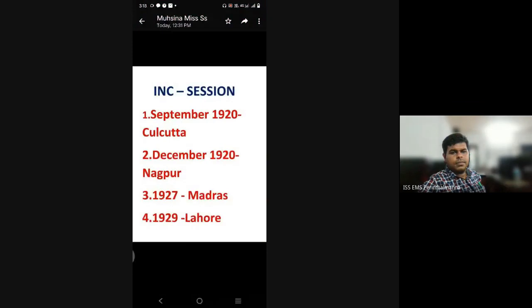See here, the important INC sessions, Indian National Congress sessions. The September 1920 session was held in Calcutta. The December 1920 INC session was held at Nagpur. The 1927 Congress session was held at Madras, and 1929 at Lahore.